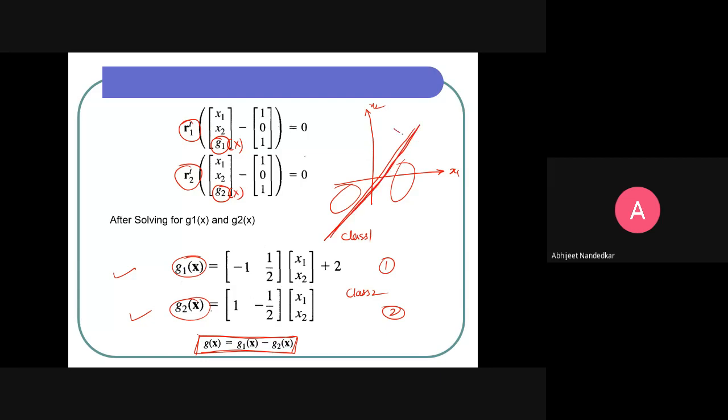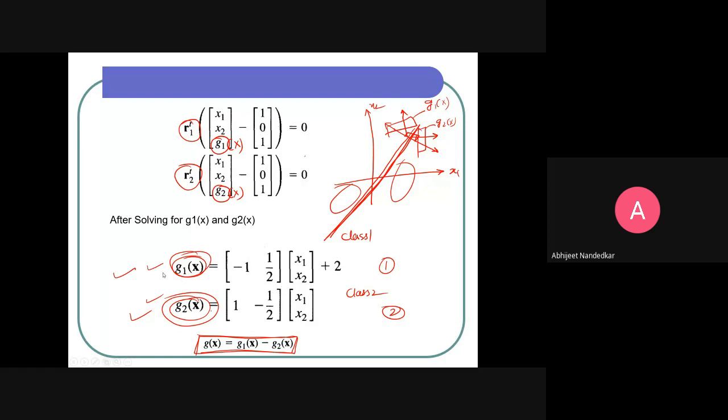Then I found two normal vectors to this decision line, and these two normal vectors were lifted into 3D space like this, and two planes were passed through them. I call these G1x and G2x, and we have obtained these two functions using the normal point form. The job left now is to see whether these two functions are really doing the classification job or not. That we will see in the next class.